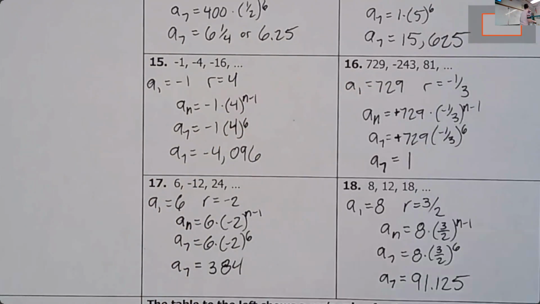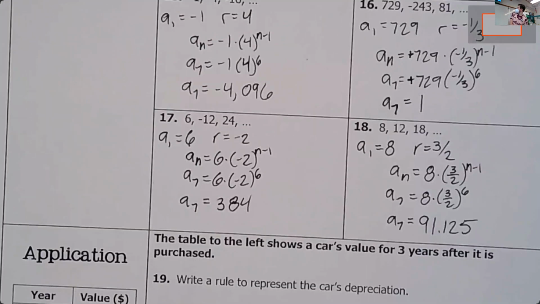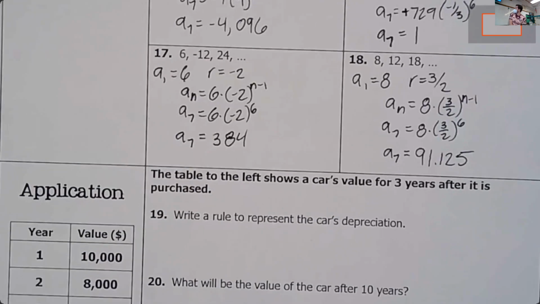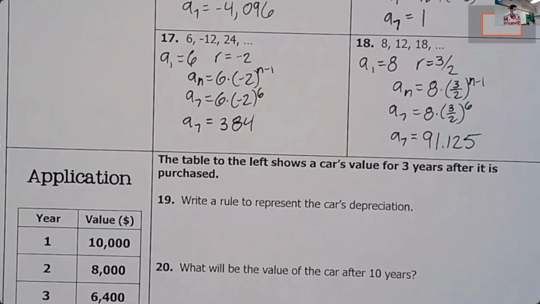Either way, that's fine. We got 2 more problems that both are related to a little bit of a word problem. Our application problem down here is another depreciation question, but we're using a table of values to figure this one out.